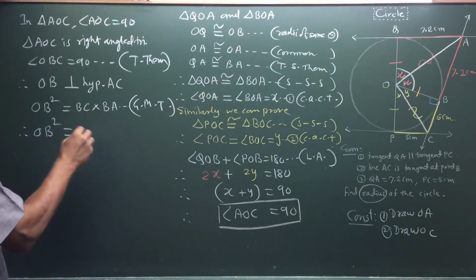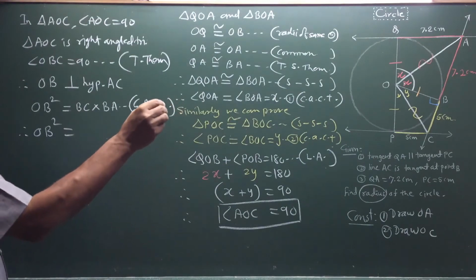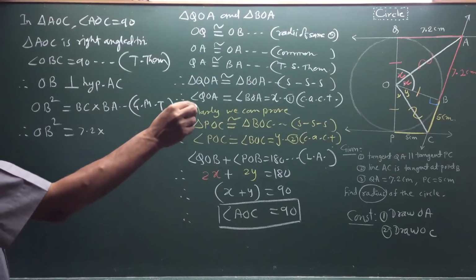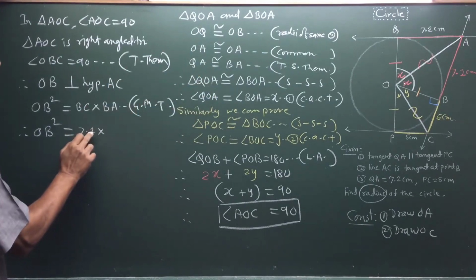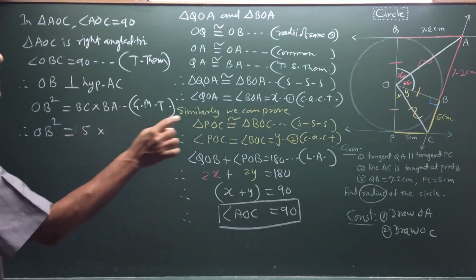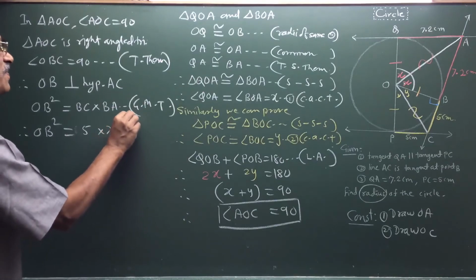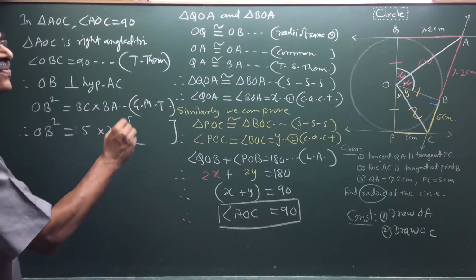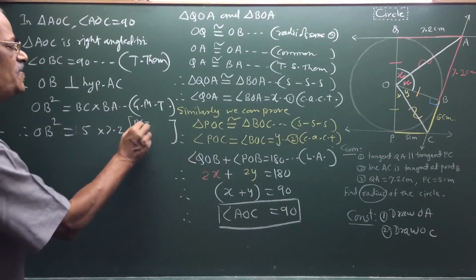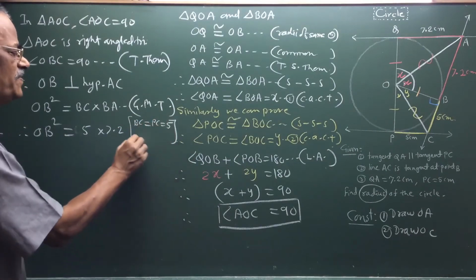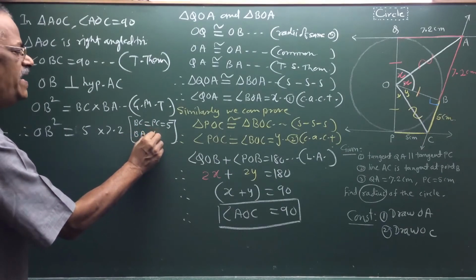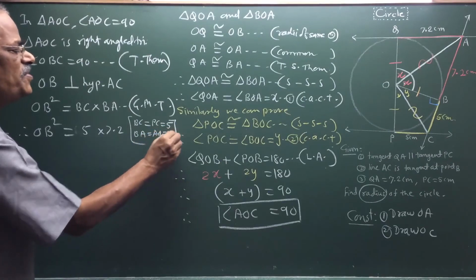By using the BC value, BC is 5 and BA is 7.2. By putting the values, we can write the reason: BC is equal to PC is equal to 5 and BA is equal to AQ is equal to 7.2.